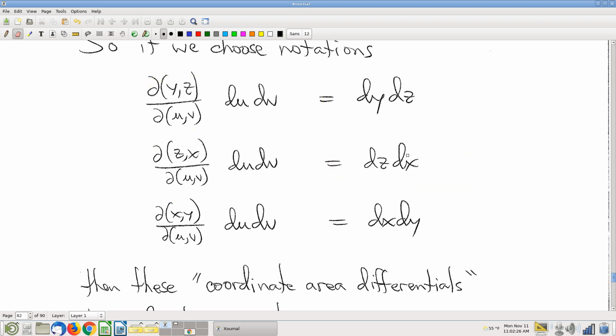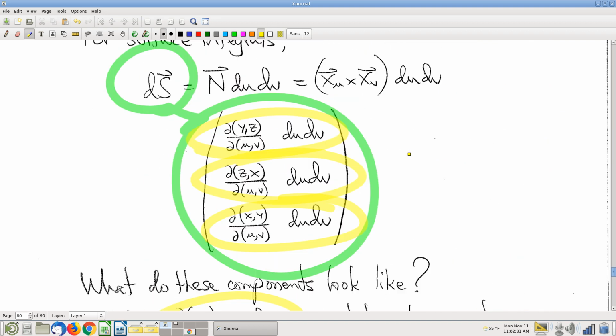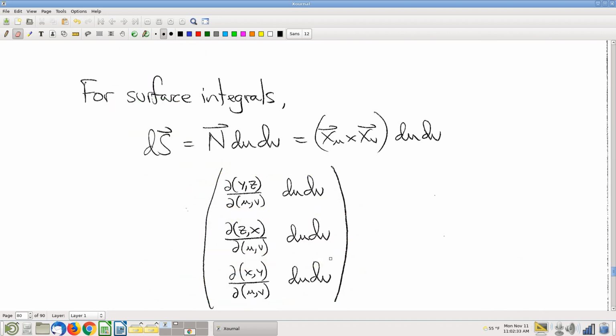And again, a reminder: there are so many analogies I have to keep track of here. Why are we doing all of this? Why are we trying to give names to our ds vector? Well, it's because we're trying to figure out what to do with an integral.